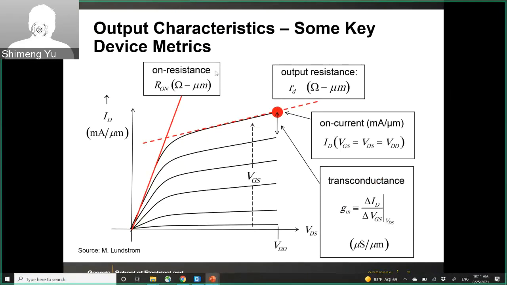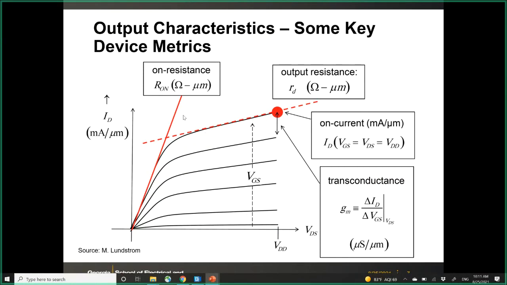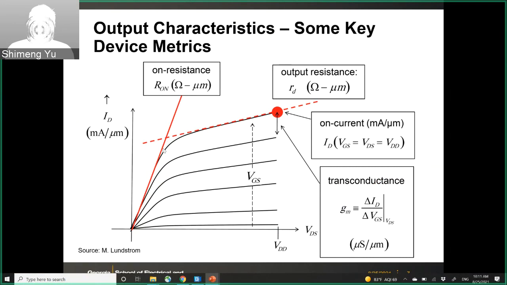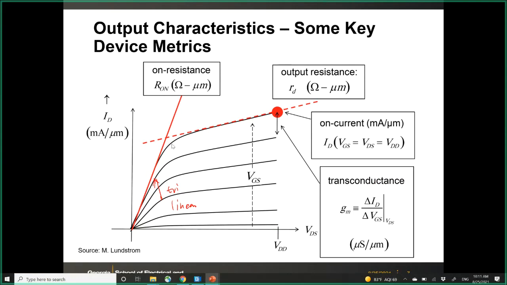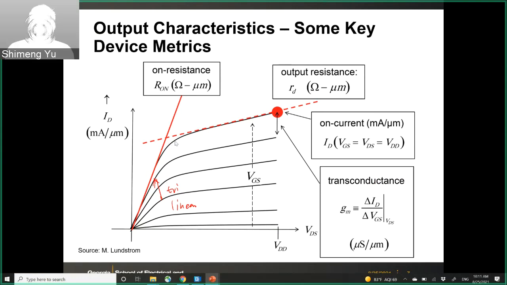And here are some definitions in the output characteristics. For example, this part is the triode region or the linear region. In this region, the VDS is small. So the transistor can be approximated as a resistor.